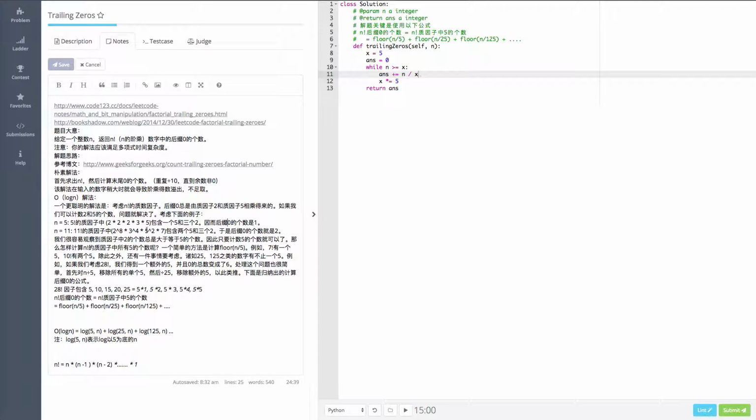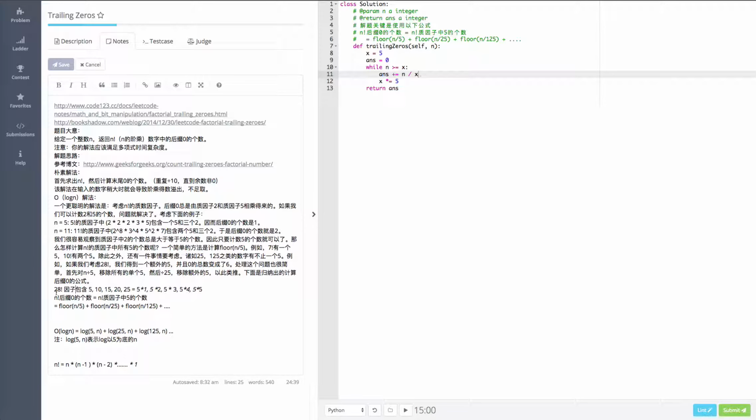So the pairs of 2 and 5 among n's factors give us the answer for how many trailing zeros we will have. And number 2 is that the count of factor 2 is always greater than the count of factor 5. So we only need to calculate how many factors of 5 are in n's factorial. Then we get our answer.